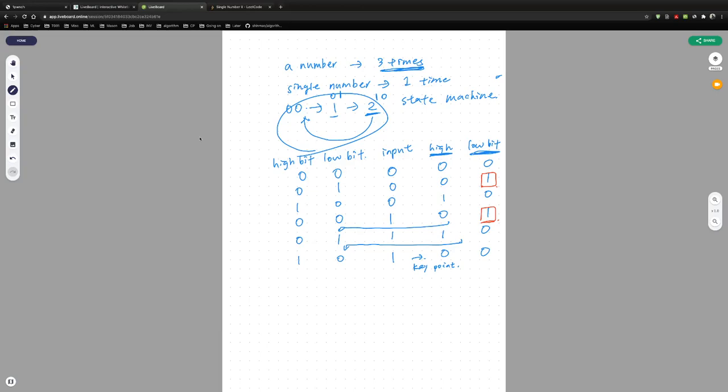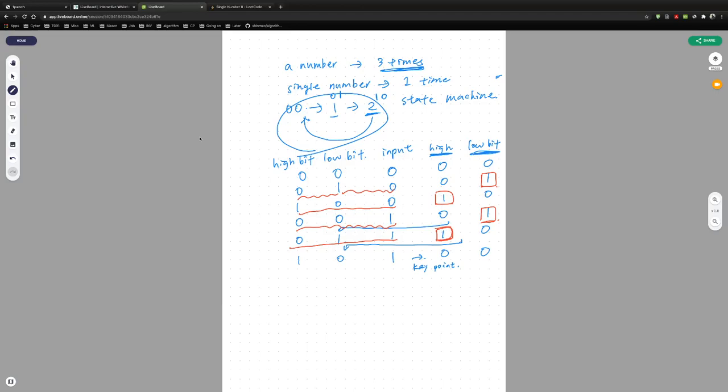If we want to calculate the high bit, we also find the rows where the bit is 1. For the low bit we use these, for the high bit we use these. This is our input. So now let's start calculating.